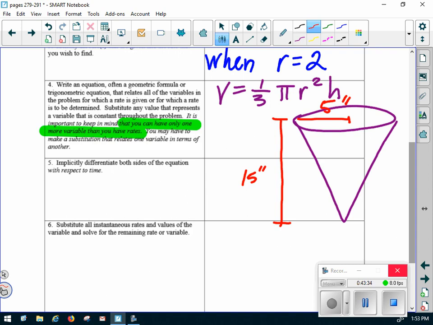So we can say that 5 is to 15 as 2 is to x. 30 equals 5x. So x would be 6. We're going to set up a proportion, is what he's saying.